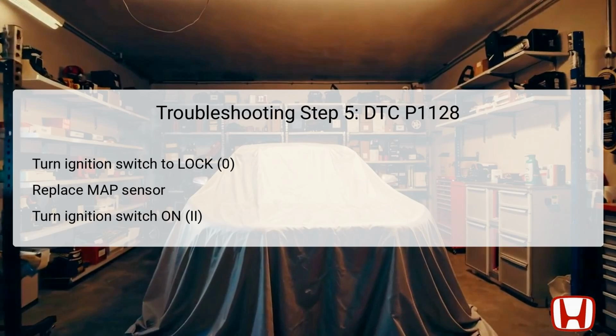After replacement, turn the ignition switch to the on position to prepare for resetting the electronic control module ECM. This action is crucial as it facilitates the acknowledgement of the new sensor and enables the system to recalibrate itself for optimal operation after replacement.